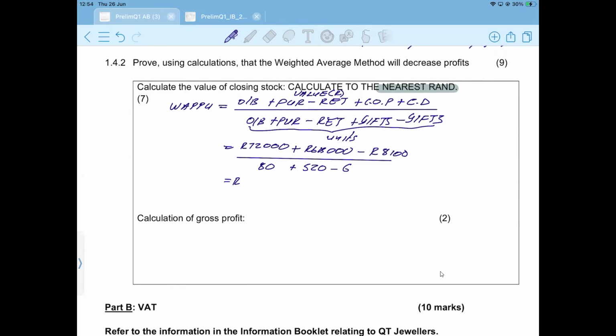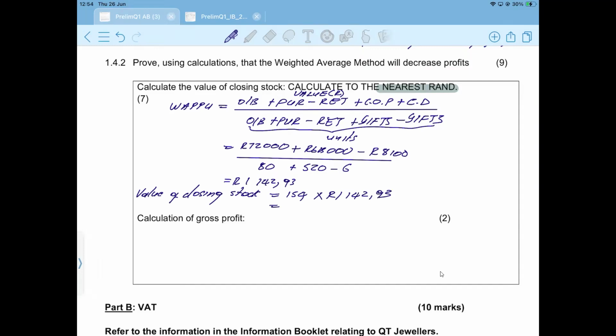So this will give us 1,142.93. To calculate the value of closing stock, you will take the number of units of closing stock, which is 154, multiplied with 1,142.93.